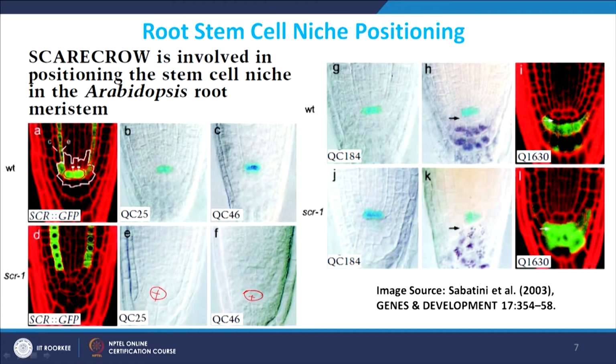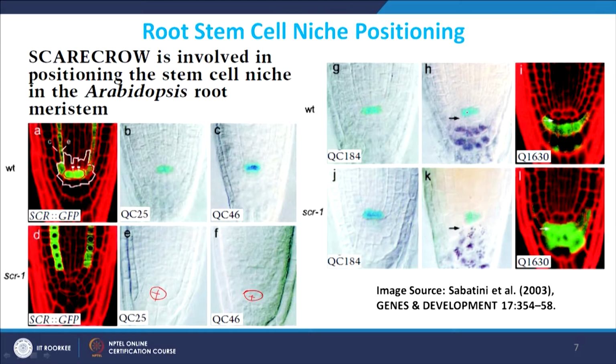But this is not always the case. Some of the QC markers still get expressed in the QC. So, maybe the identity is not completely lost, or maybe this could be position dependent expression of the genes. But another interesting thing, if you look here, is the starch granule accumulation.